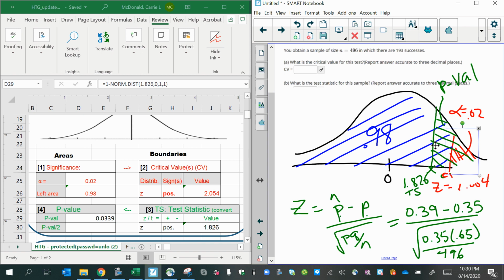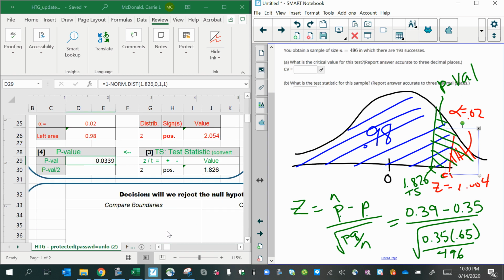Because if this area were smaller, it would mean it was a very rare event, and we would feel like we were doing a good thing by rejecting the null hypothesis. It would be considered a wise decision. But here we have a probability that's much greater. So that would be too great of a probability to risk making a type 1 error, rejecting a true null hypothesis. So long story short, the p-value is not less than or equal to alpha.